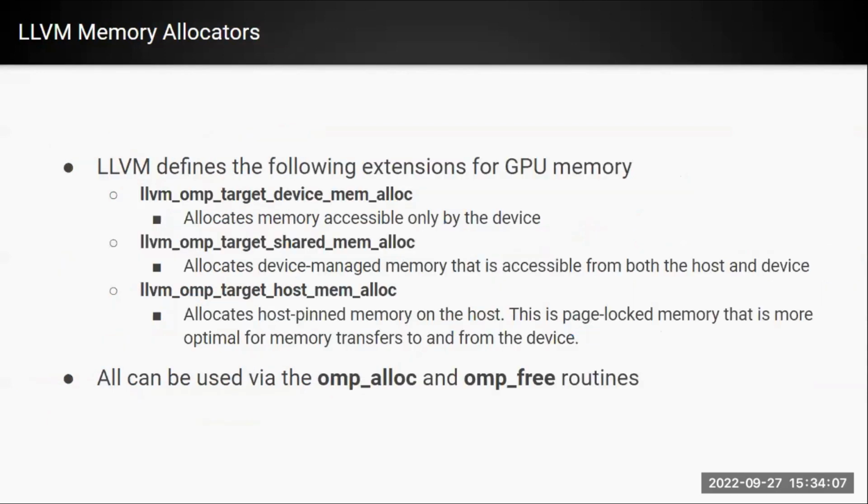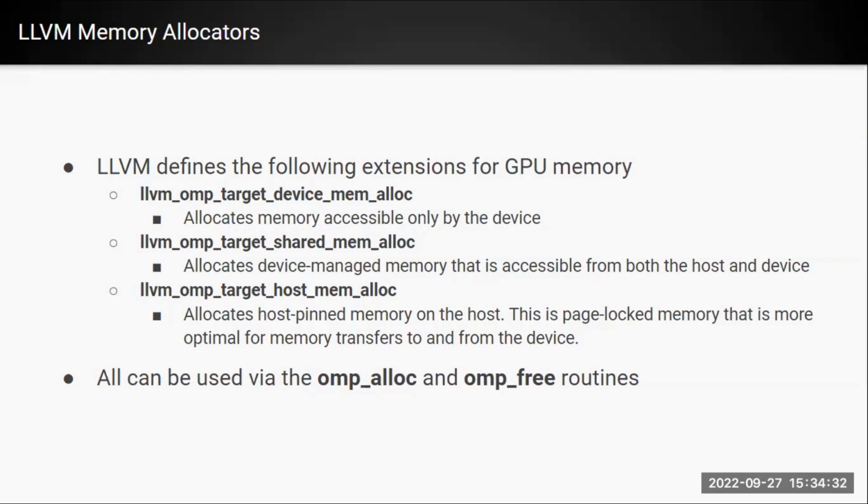Okay, the extensions for GPU memory are basically what you know from CUDA, just mirrored into OpenMP land. Device memalloc is just a regular allocate-me-global-memory on the device. Shared mem is allocate me memory that can migrate.